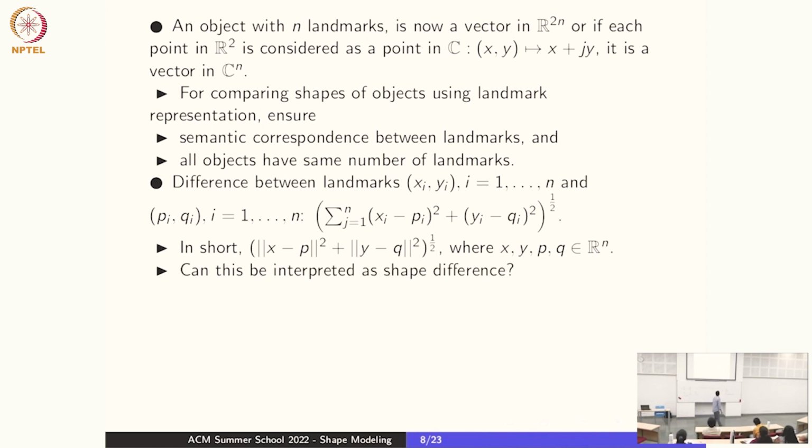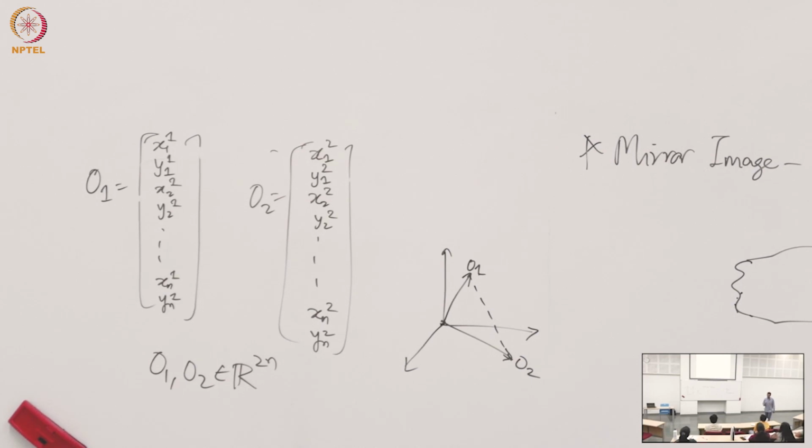Question is, this distance between the landmark point representation of the objects, can I interpret it as the difference in the shape of these two objects? You can't, right? Anybody who thinks we can?